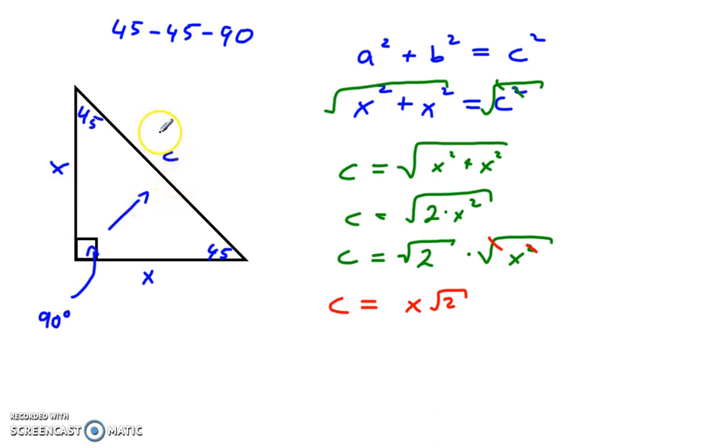This side here is x radical 2. If these two are the same length, then the hypotenuse is that length times radical 2. That's the 45, 45, 90 triangle theorem, and that is theorem 9.4.